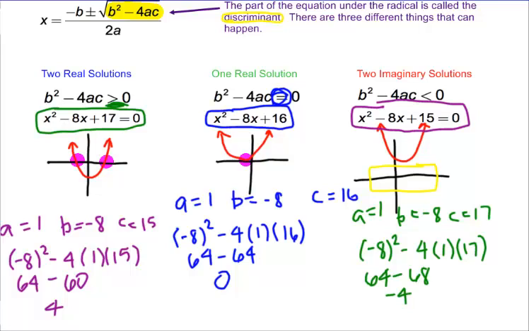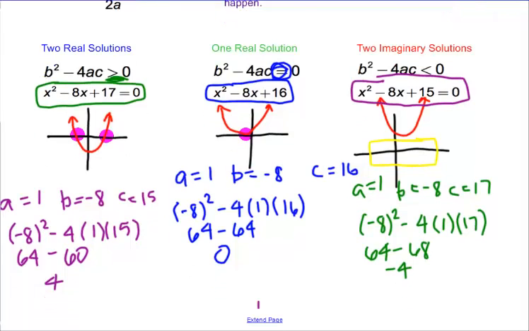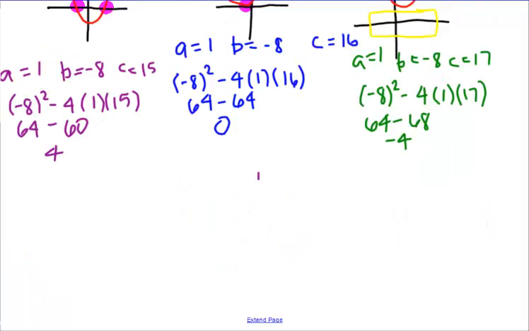And then once I know what goes under the radical, I've got this part of my problem. So then it's not very hard to figure out the rest. For this first one, my discriminant is 4. So the opposite of b plus or minus the square root of 4 over 2. Can we figure this out? Sure.